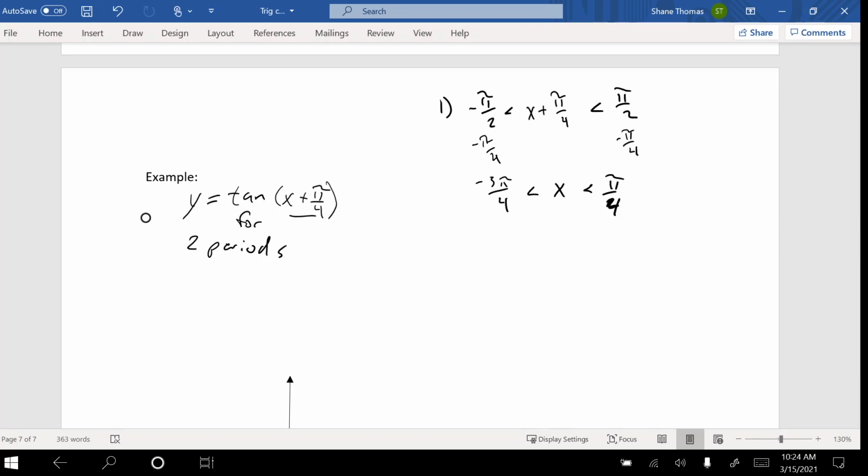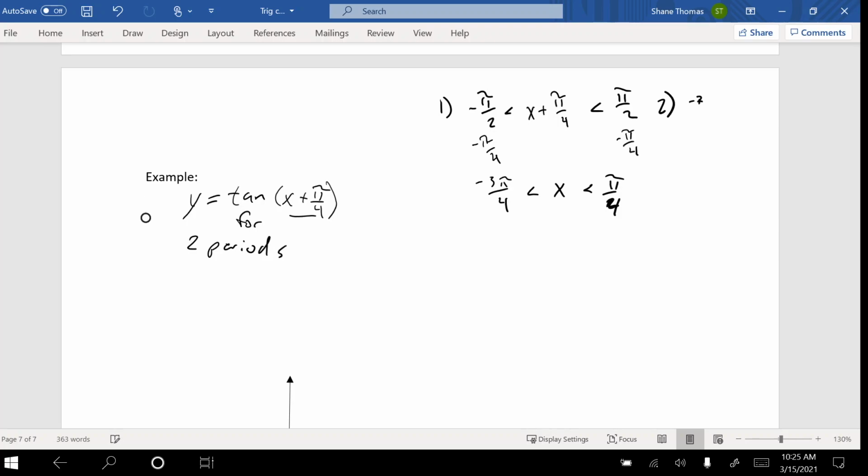Next thing, if you can't see it, the difference between negative 3 pi over 4 and pi over 4, halfway between that would be negative pi over 4, right? If for some reason you're going, oh man, I don't know how to do this, you can add them together and just find the average. Let's just write that out one time so you've seen it.